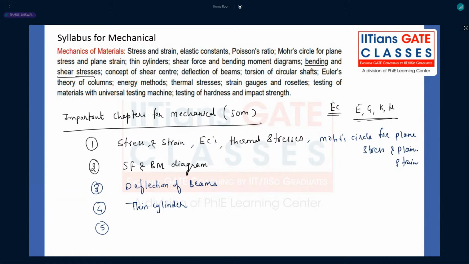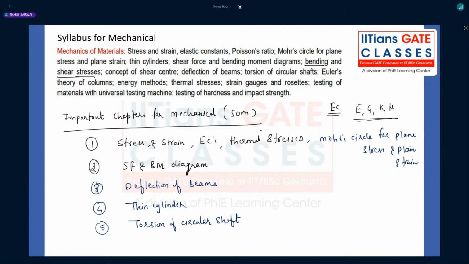After thin cylinder, you can have torsion of circular shaft. So these are the most important chapters where you should have conceptual understanding to solve the questions of the GATE examinations.